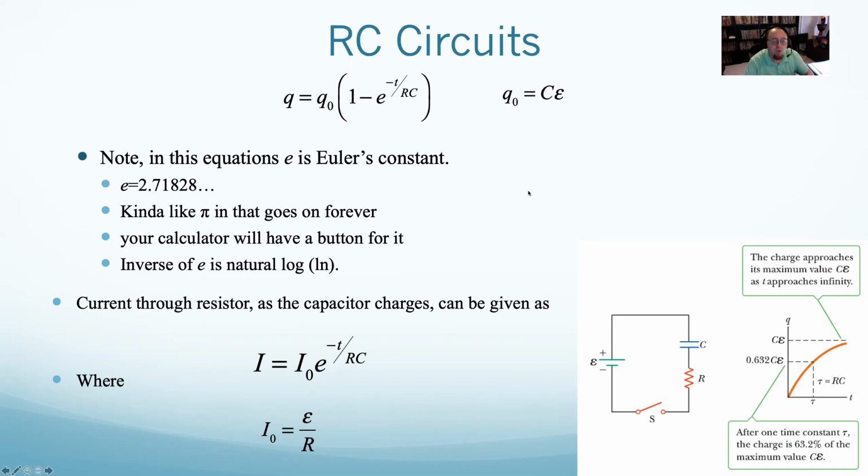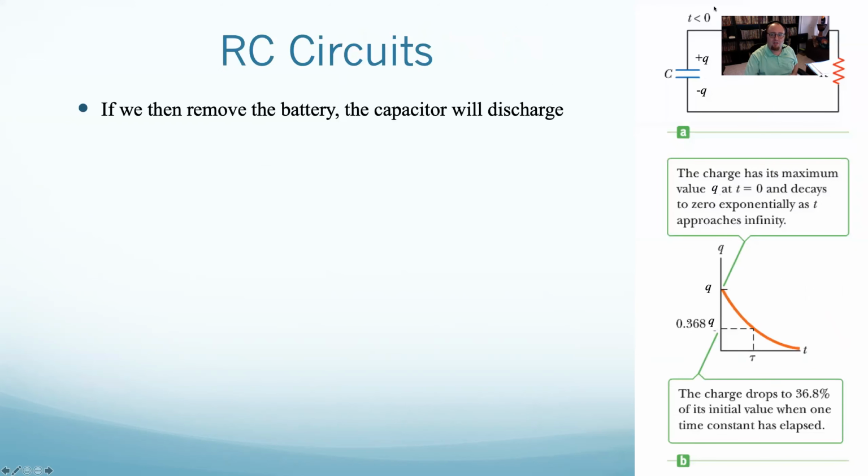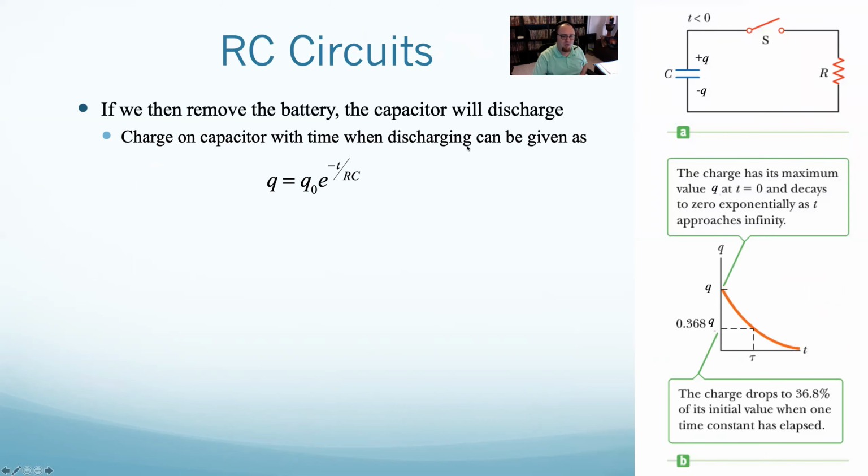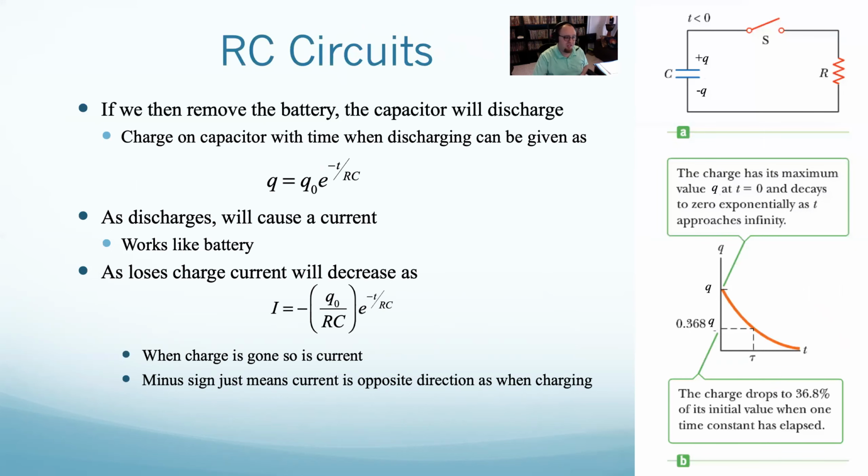However, if you remove the battery, the capacitor would discharge. And the charge as a function of time will go as follows, working like a battery. We can also say the current as a function of time.